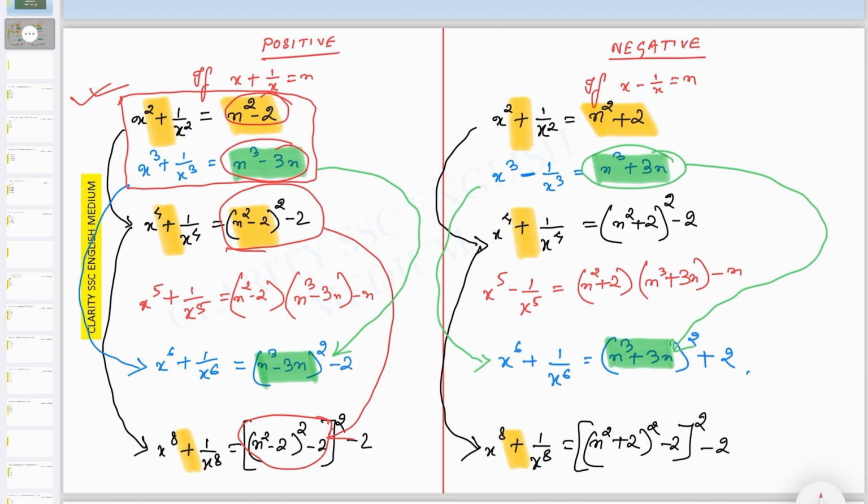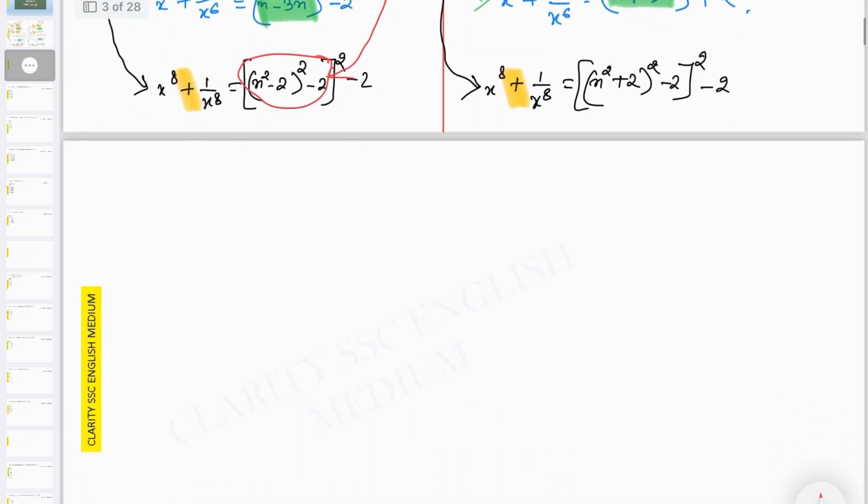I will tell you how to solve these questions. By seeing the questions, you can solve them within seconds. Let me give you some examples. If x plus 1 by x is equal to 3, find: number 1 is x squared plus 1 by x squared.